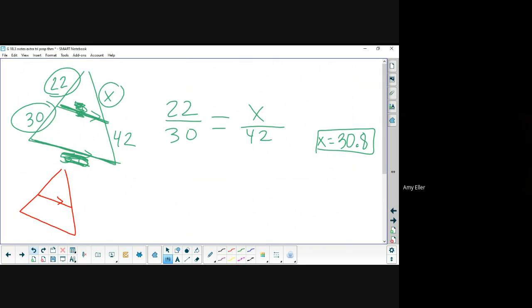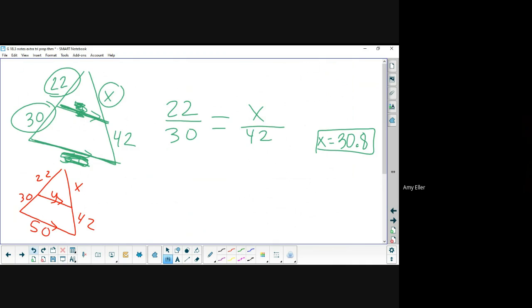I'm drawing mine again for y. You don't have to do that unless your picture is really messy like mine. I don't want to go too fast.